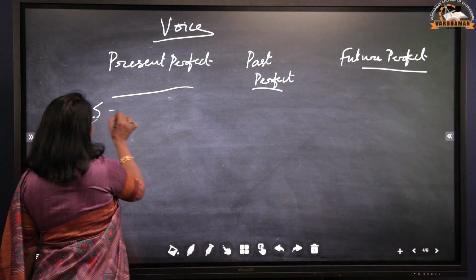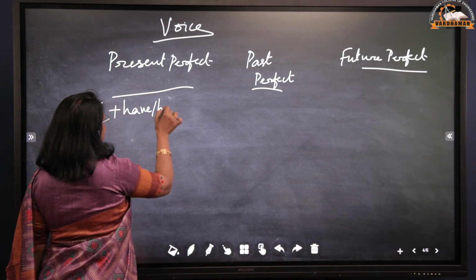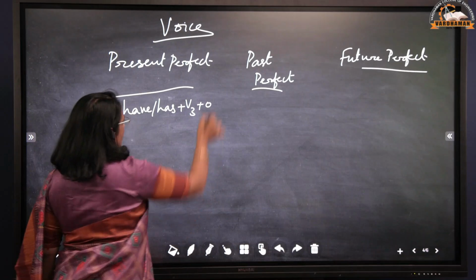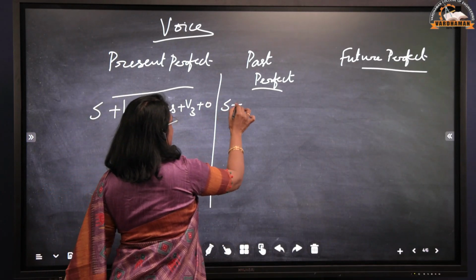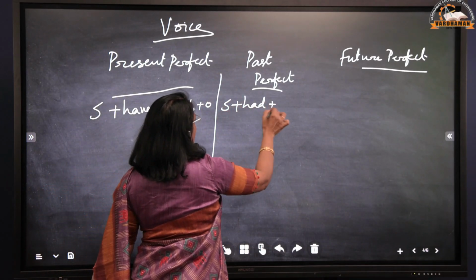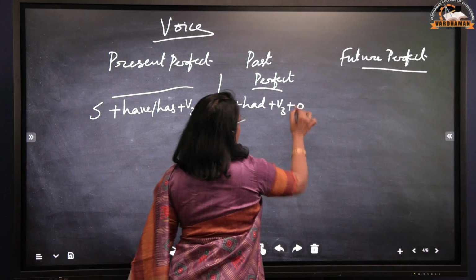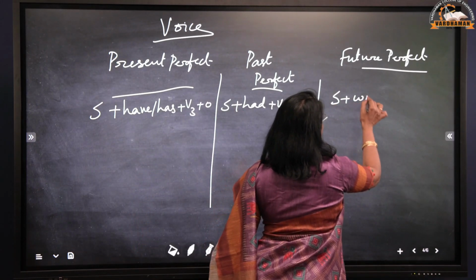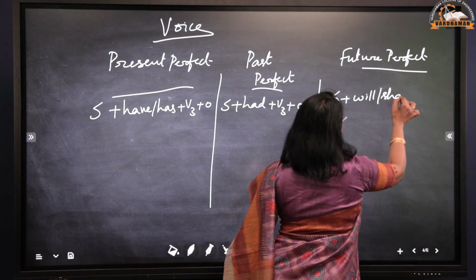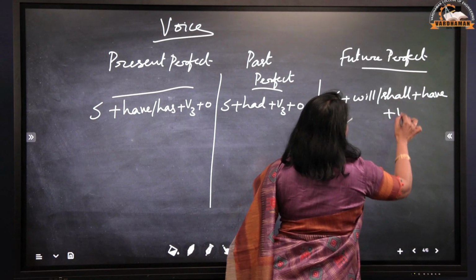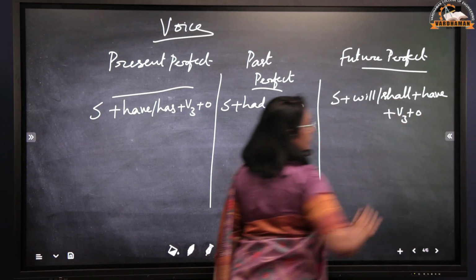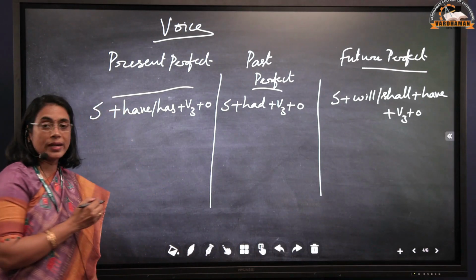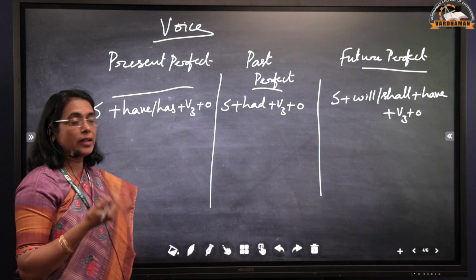So subject plus have or has plus V3 plus object. Whereas here subject plus had plus V3 plus object. In future perfect, subject plus will or shall plus have plus V3 plus object. Okay, this is a structure for active sentences or active form or active voice.